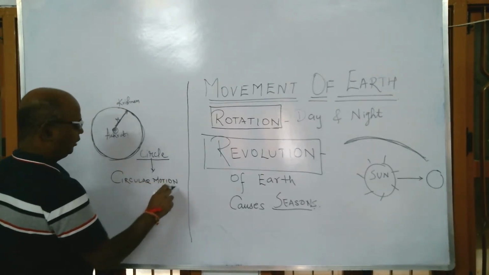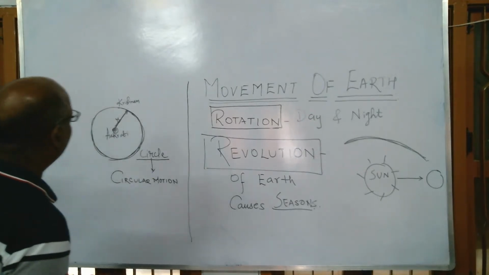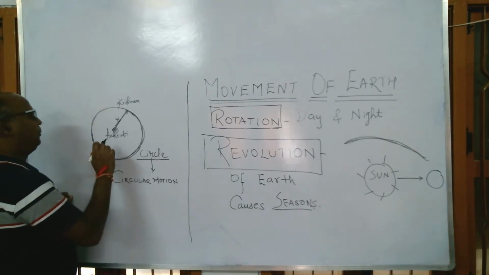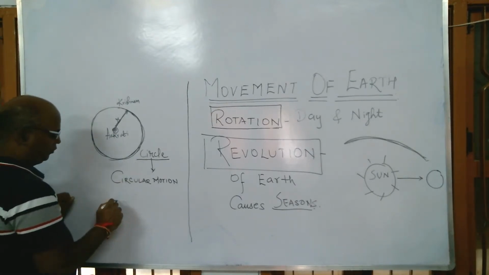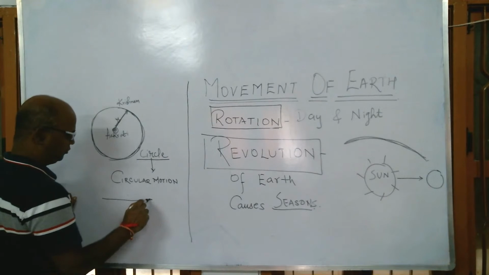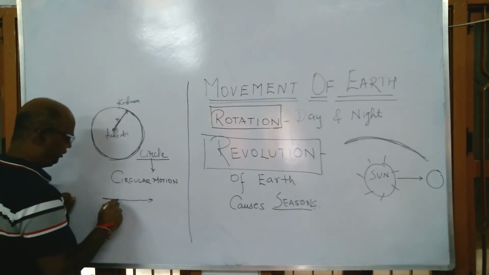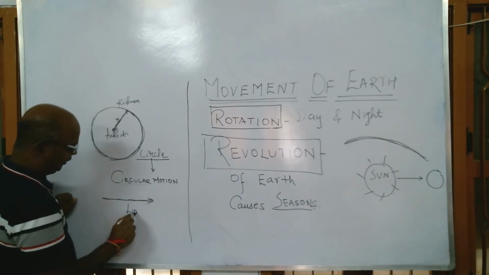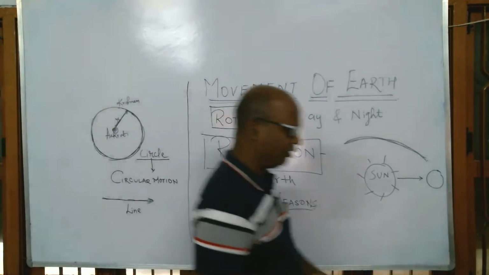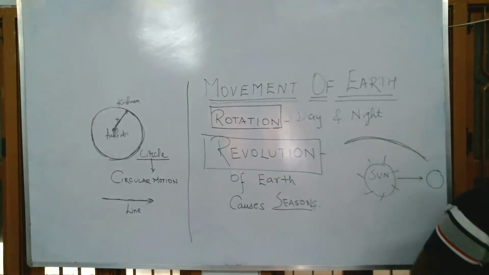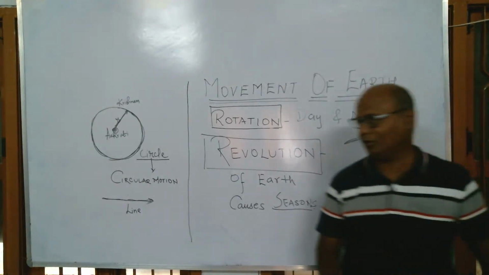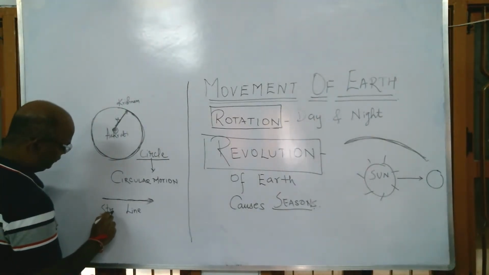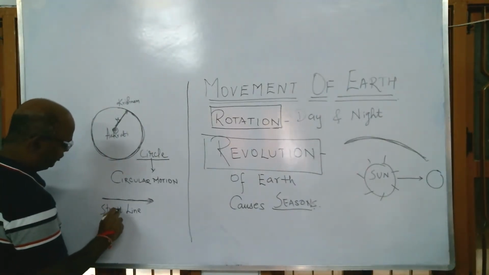Okay. Now suppose the body is moving on a curved path or on a straight path. Suppose you are riding a bicycle on the straight road, on a straight line. From the word line, you will get the name of the motion. I give the hint: line. You are going in a straight line. What kind of motion is that?